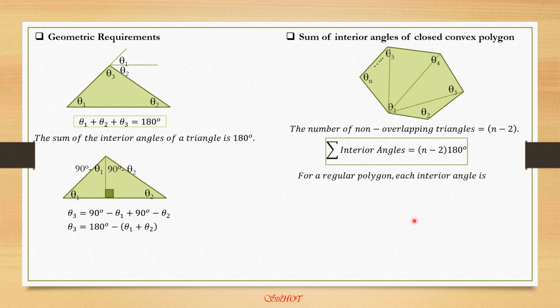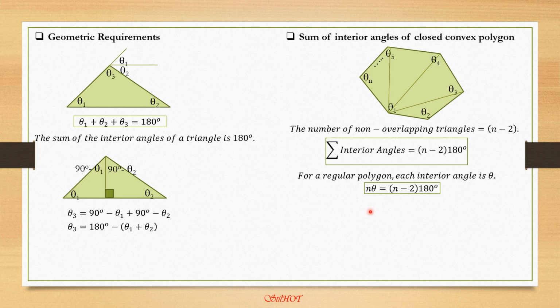For a regular polygon, its interior angle is n minus 2 times 180 degrees divided by n. If we denote the interior angle as theta, then the total interior angles would be n times theta because the polygon is regular. And we equate that to the sum of interior angles of a closed convex polygon, n minus 2 times 180 degrees.